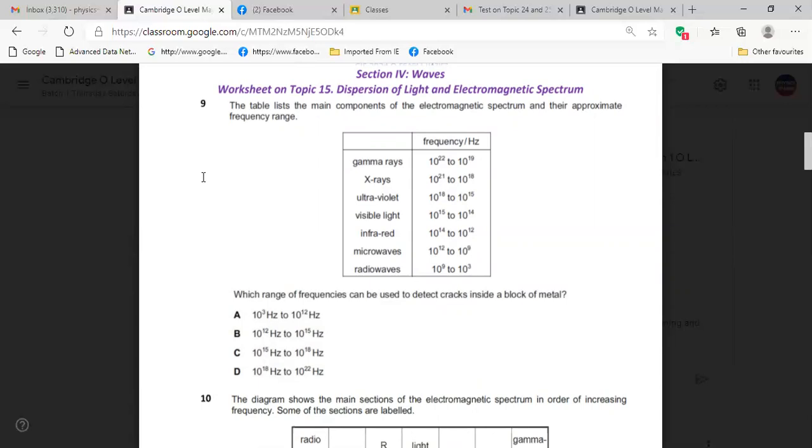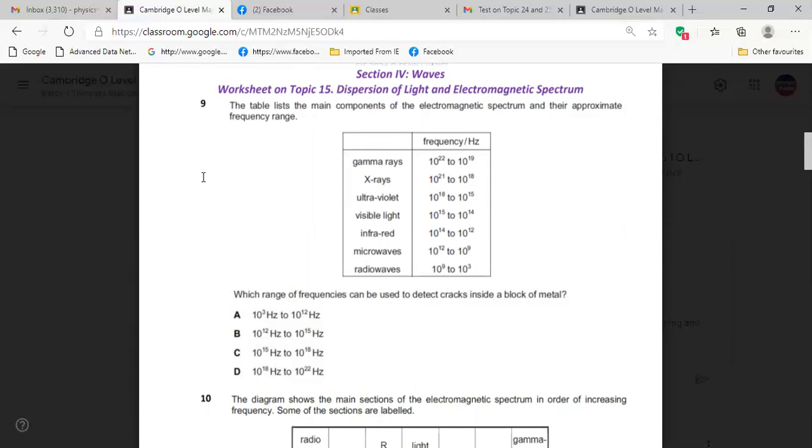Which range of frequency can be used to detect cracks inside a block of metal? D.